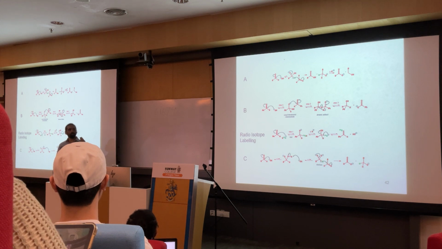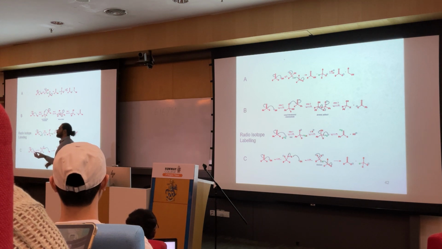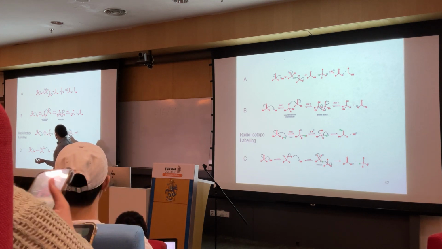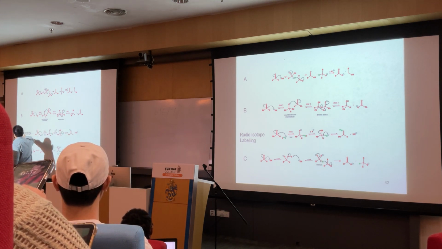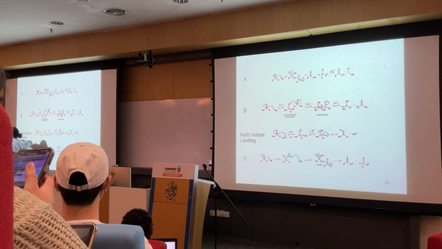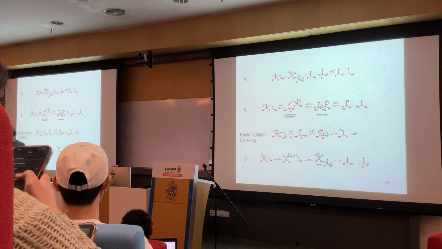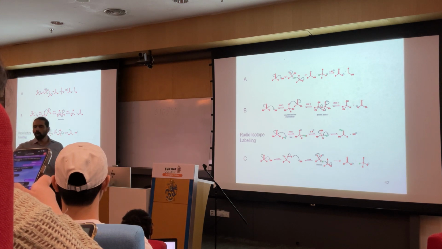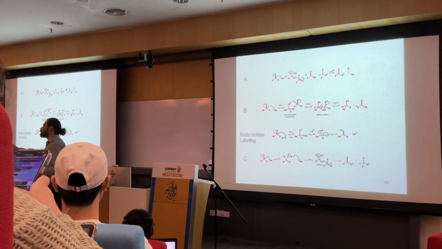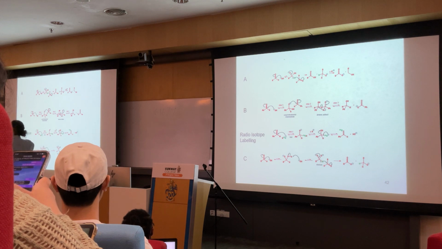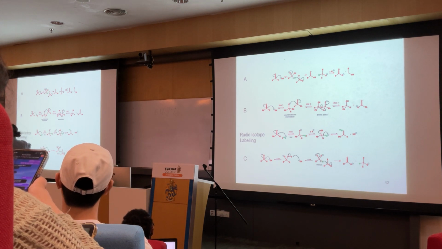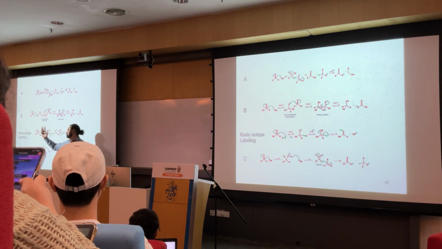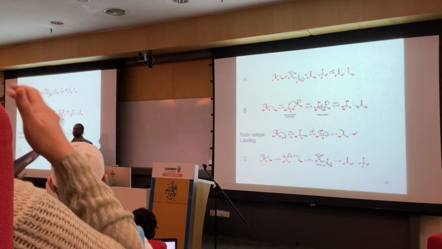One example by which people studied the actual mechanism of the Cannizzaro reaction was radioisotope labeling. This is a chemical technique in which you can put a specific radioisotope of any element, and then you can track that using an instrument, electron spin resonance spectroscopy.